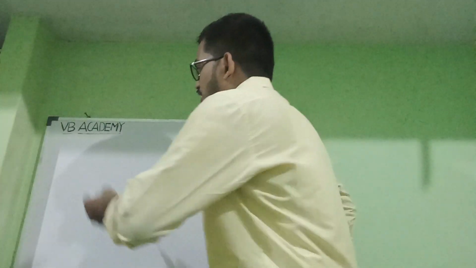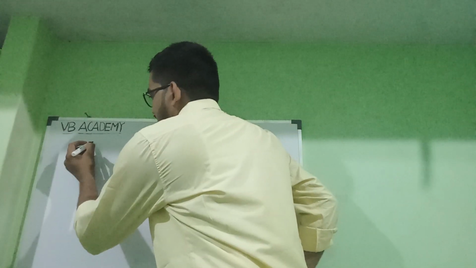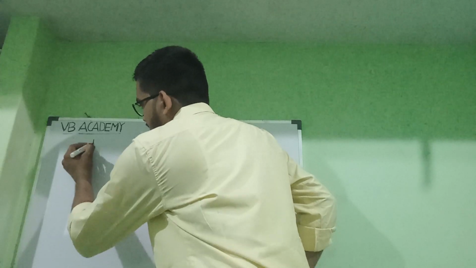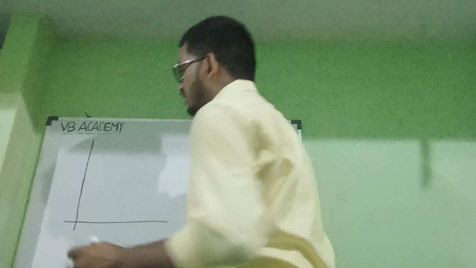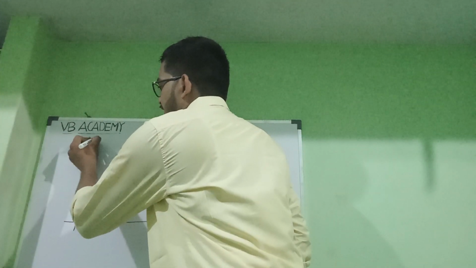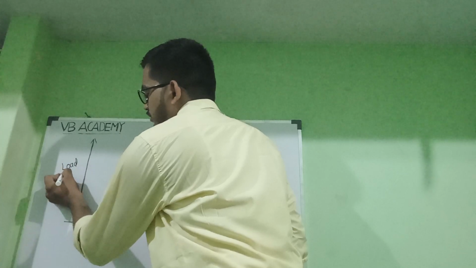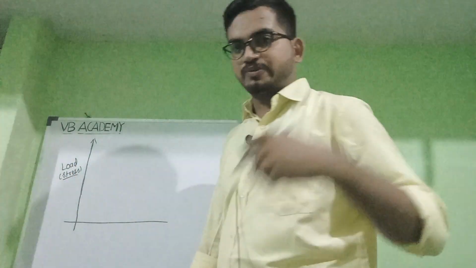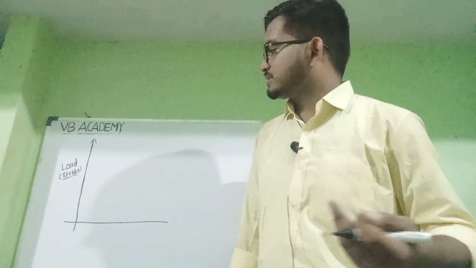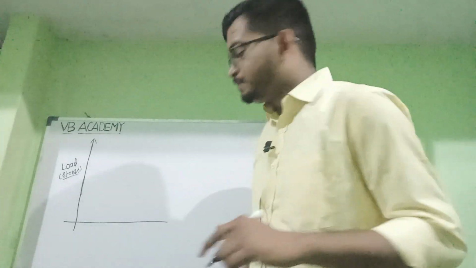See here on the ordinate, that is the y-axis, I am taking load, or we call it stress. Stress I will explain to you in strength of materials. For now, for the sake of time, go with the load.